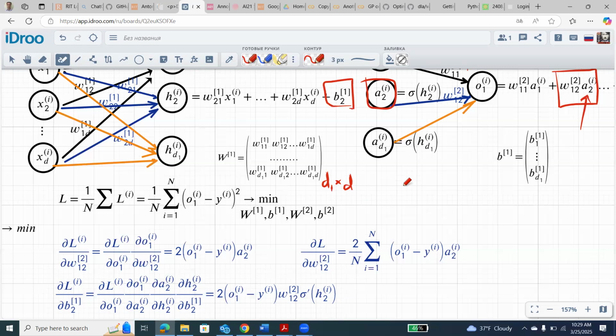What will be the dimension of vector b? d or 10? 10. So it will be 10d plus 10. What will be the dimension of the matrix W2, if the output is one-dimensional?